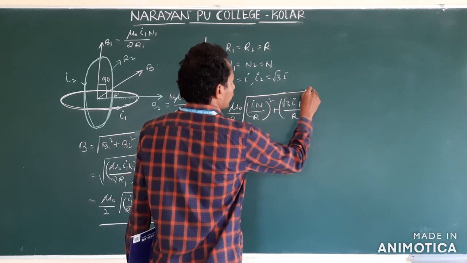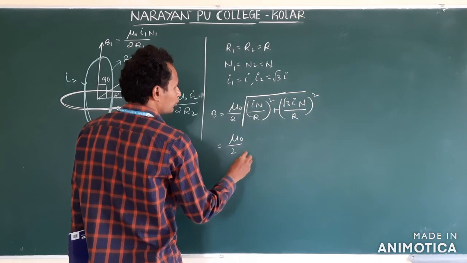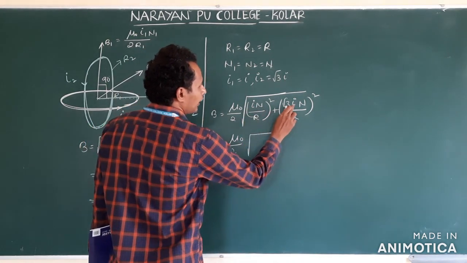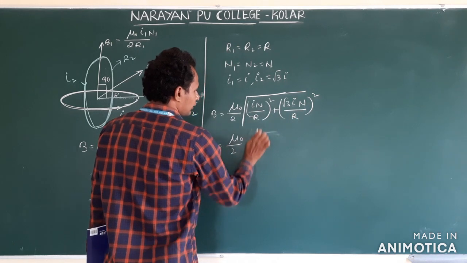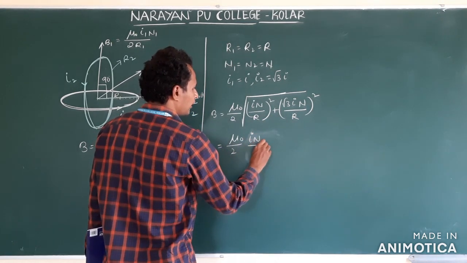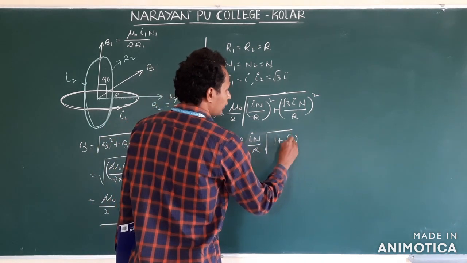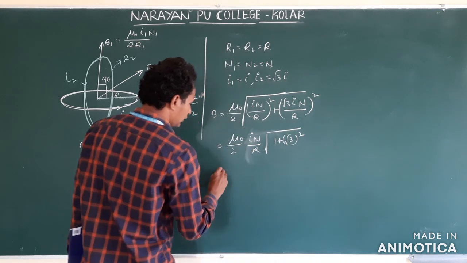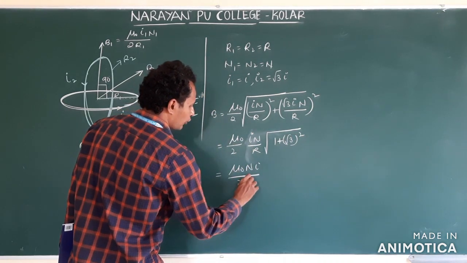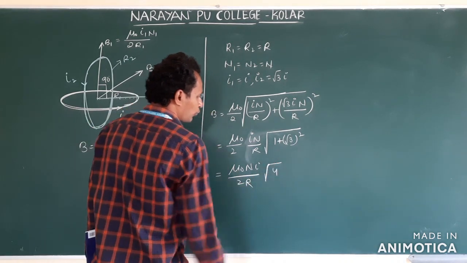Simplify this, you will get mu naught by 2. I N by R is common, then it comes out of the root. This will become I N by R under root 1 plus root 3 whole square. Then this is mu naught N I by 2R root 4.